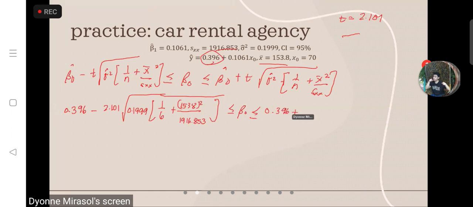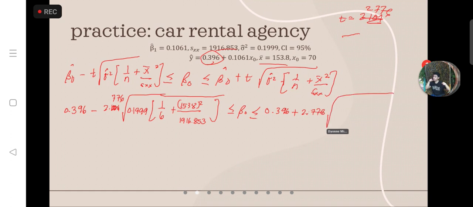0.396 plus 2.776 initially. Sorry. Our value of t is 2.776. Square root of 0.1999 times 1 over 6 plus 153.8 squared over 1916.853. Okay, what is the value for our confidence interval?